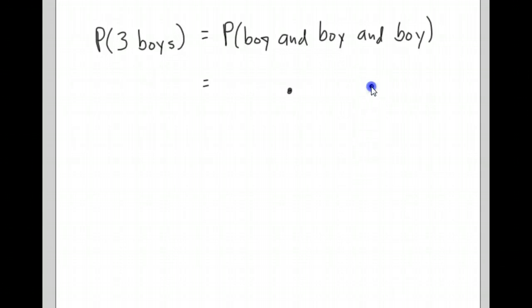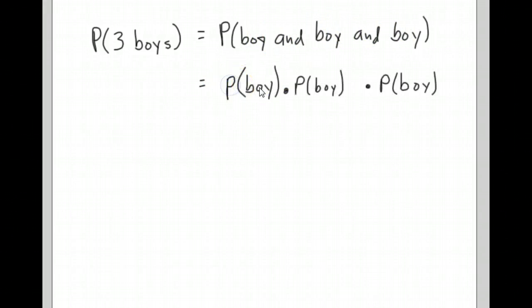So everywhere I see the word AND, I'm going to multiply. And basically I'm going to break this down from one compound event into the probability of each individual event multiplied together. So we get the probability of boy times, where the AND is, probability of boy times, where the AND is, probability of boy.